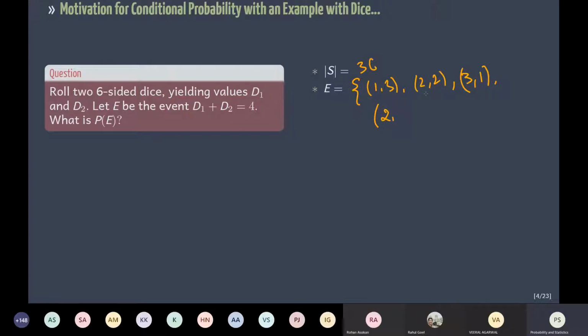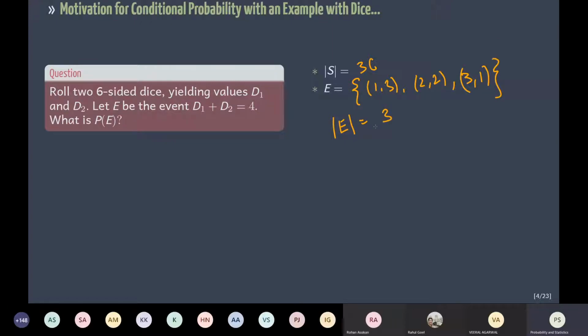So what is left here? 3 1, 2 3, and then I don't think more is left here. Is there anything left? That's all we can make it to 4. I hope we are not missing anything here. So the cardinality of E here is 3.